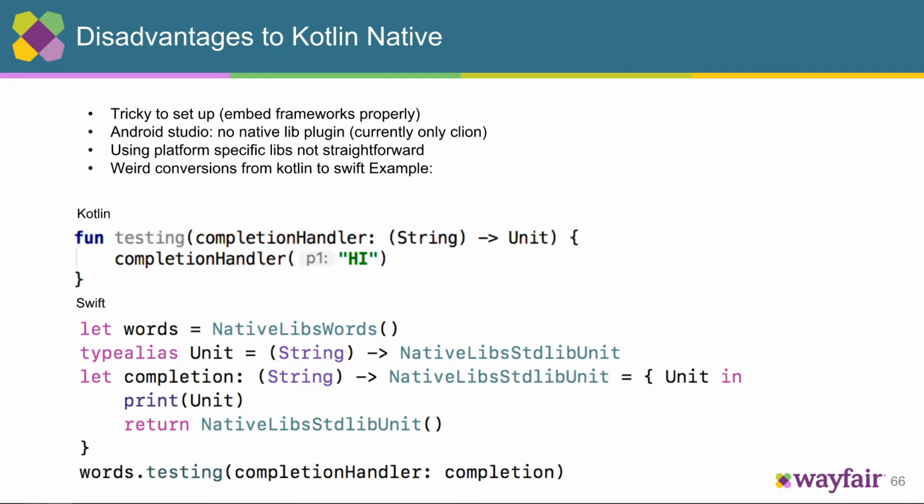And here what I had to do to get the compiler on the iOS side not to complain was type alias Unit, which is Kotlin's version of void, on the Swift side, and pass that in as what we get back from that completion handler. And this works. When you print Unit, it gives you that string back. So you would be able to cast Unit at that point to String, knowing that's what's actually coming back.